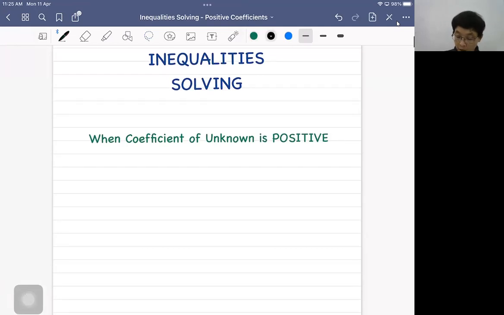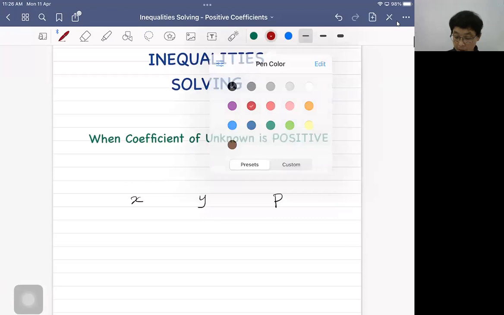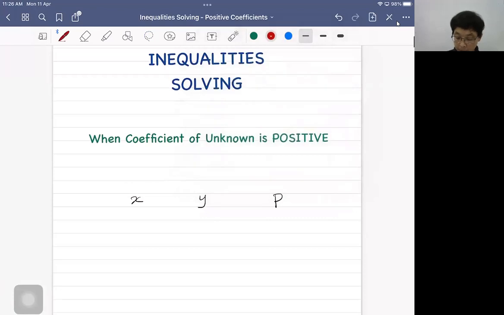The unknown may come with x, or the unknown may come with y, or may come with p, whichever alphabet letter. And what it meant by positive coefficient is, if it is just positive one, then of course it is seldom written.